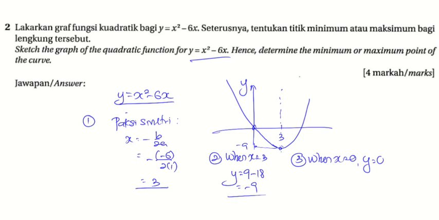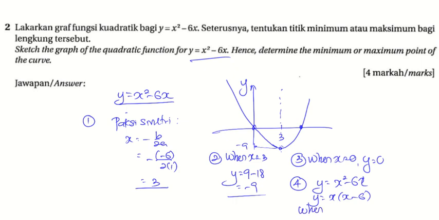All right, if you want to find this also, no problem. I add one more step. Step number 4. Y equals to x squared minus 6x. You have y equals to x, x minus 6.